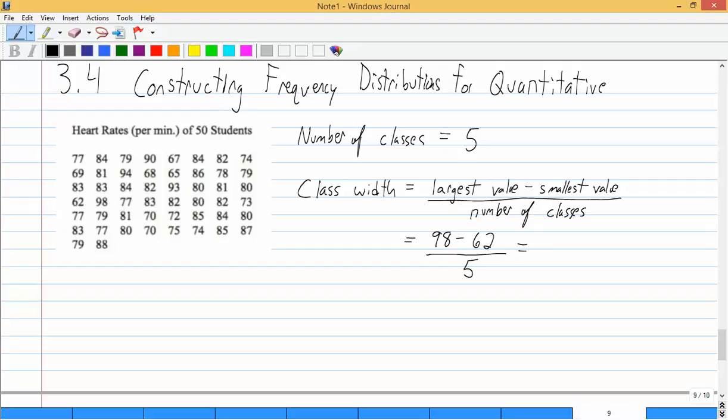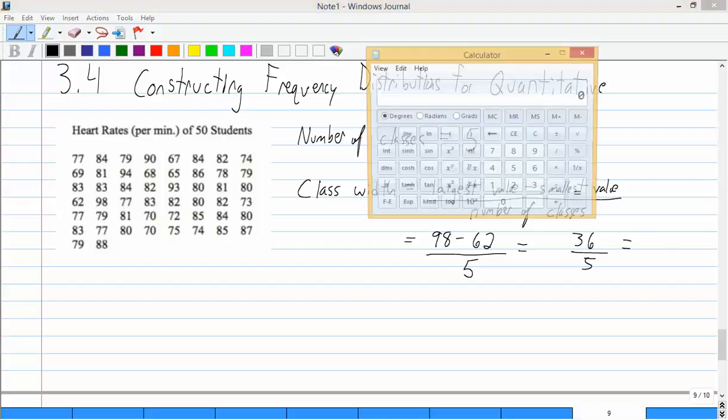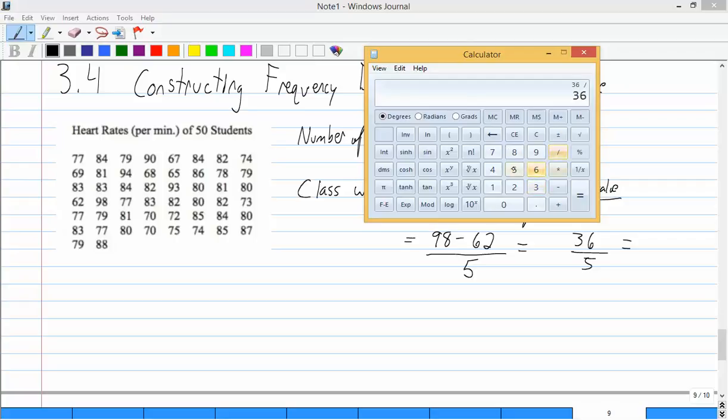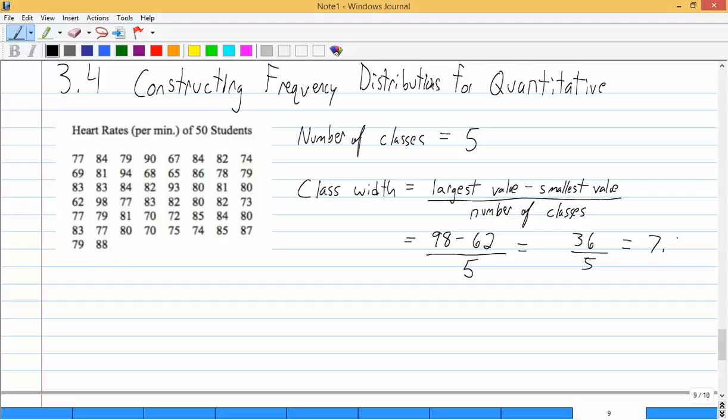Alright, so that's going to be 36 divided by 5, or 7.2. So 7.2, that's going to be our class width.